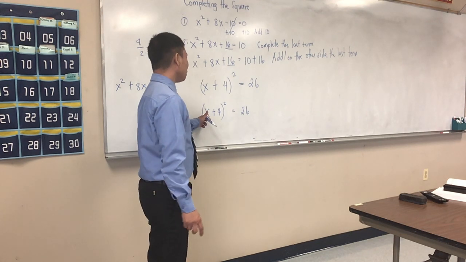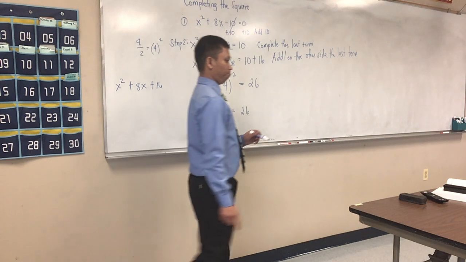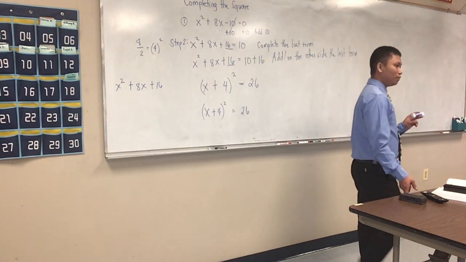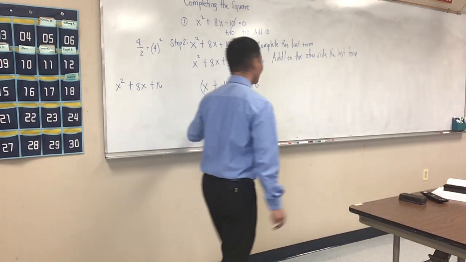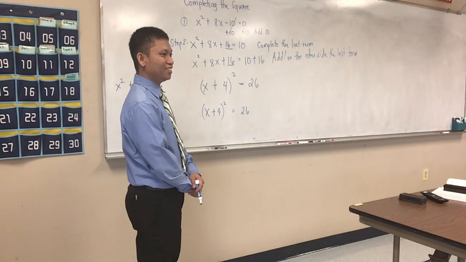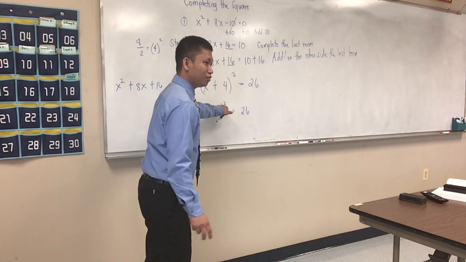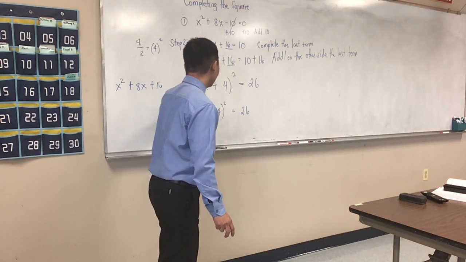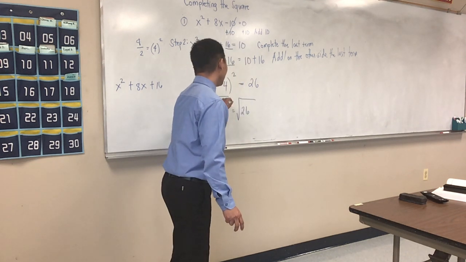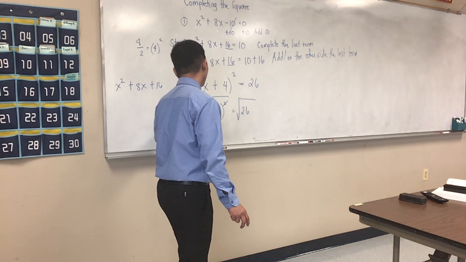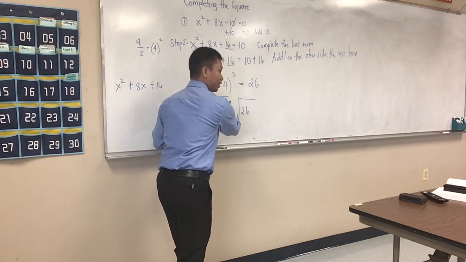How are we able to eliminate the square or get the value of x here? Do you have any idea? How are we going to get the value of x? Isn't it this is squared? Therefore we can get the square root of this one, and the root of this one is 2. So we can now eliminate the squared.